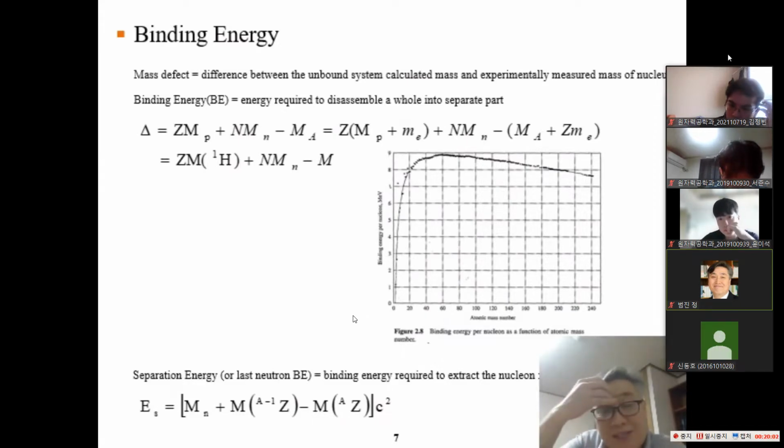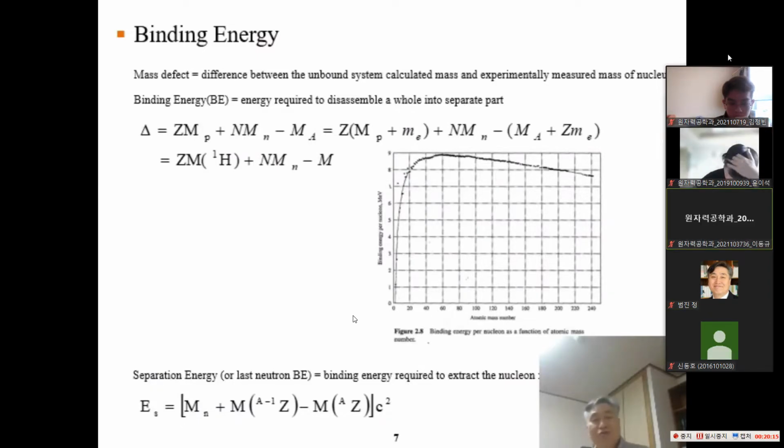There is a certain number. We call that mass defect. This amount of mass, we believe, is used to bind nucleons.